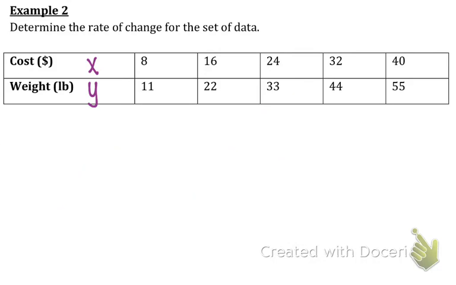Let's label our points. So that means our first point, x sub 1, is 8 and y sub 1 is 11. Our second point, x sub 2 is 16 and y sub 2 is 22. Now we can plug them into our formula for slope. Now notice that the problem said rate of change.